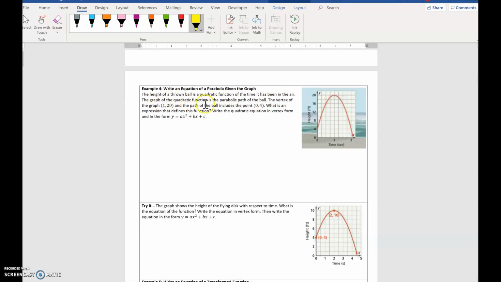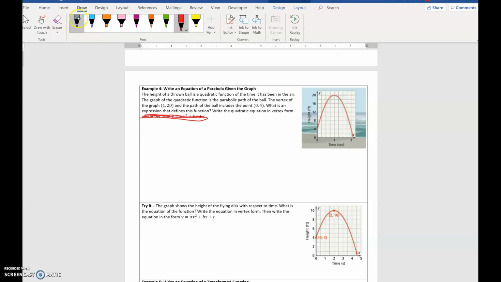The graph of the quadratic function is the parabolic path of the ball. The vertex of the graph is (1, 20), and the path of the ball includes the point (0, 4). What is an expression that defines the function? It also says to write the equation in vertex form and in the other form. We are going to only focus on the vertex form for today.